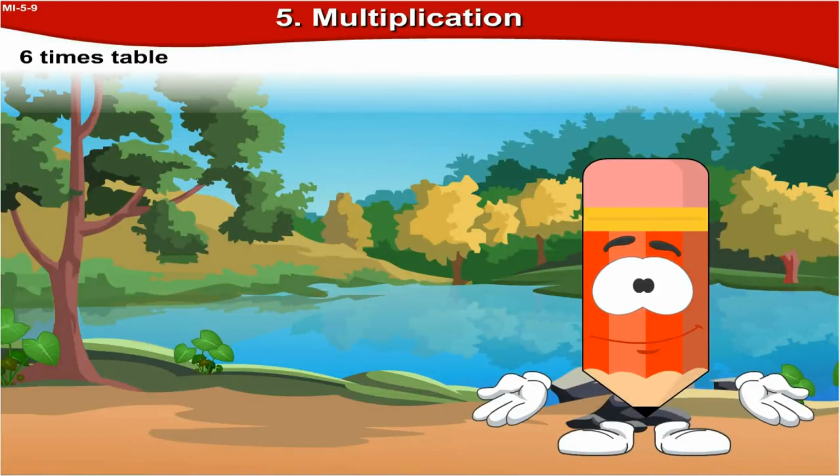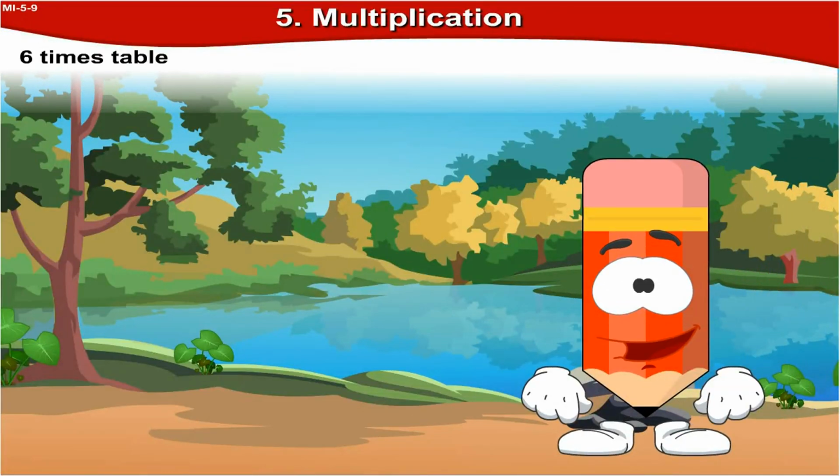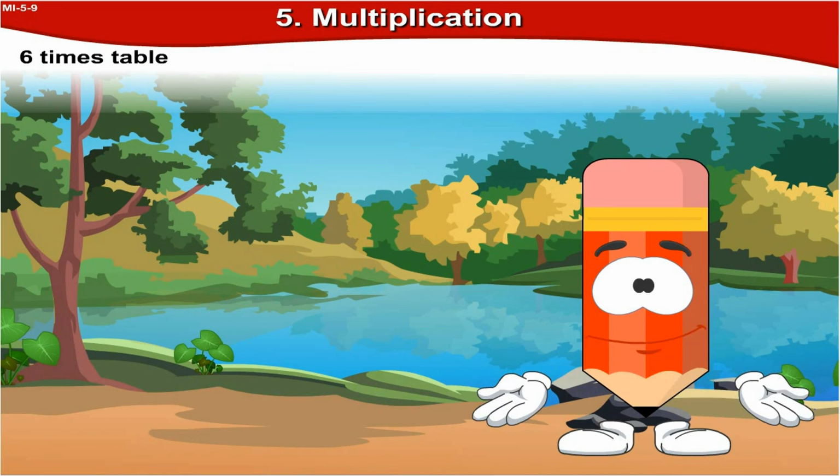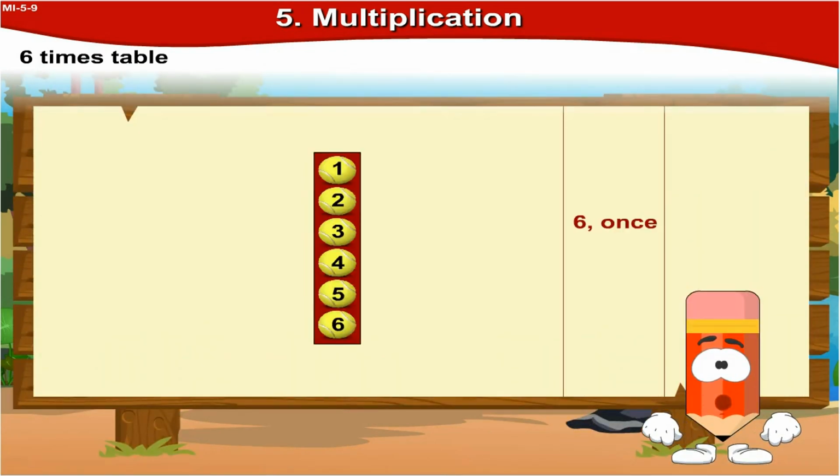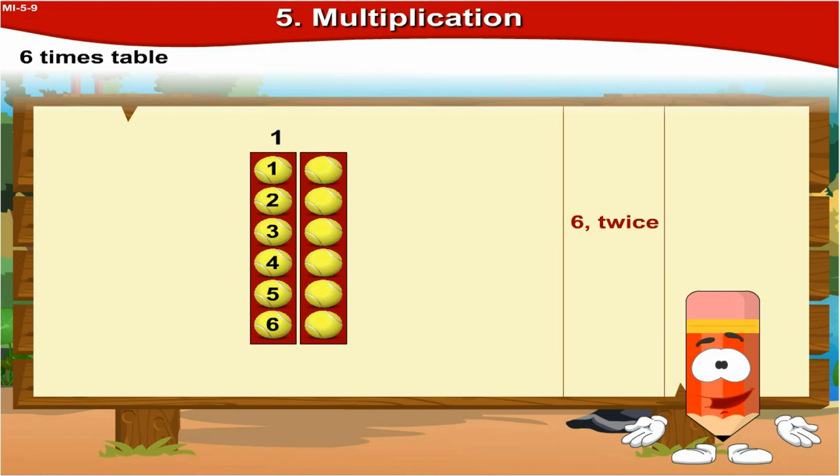6 times table. Well, if you notice, here the column of 6 dots has come once. So it is 6 ones, which means 6 multiplied by 1 is equal to 6. 6 ones are 6. Now here, the column of 6 dots has come twice.